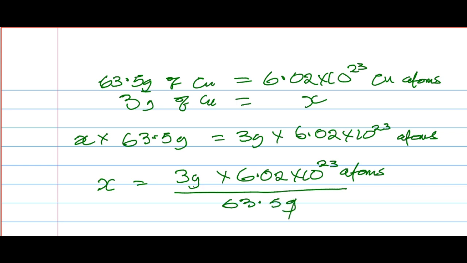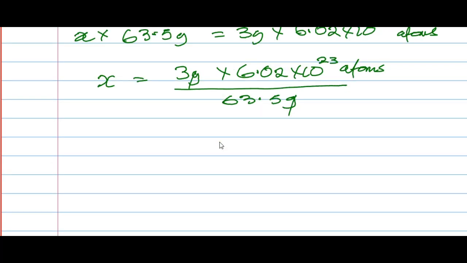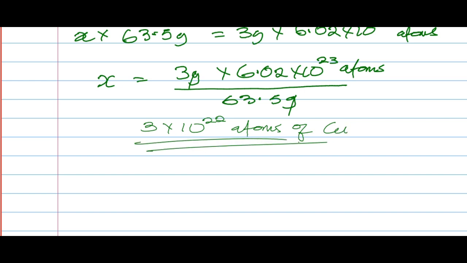So grams will cancel grams. If you press your calculator, you are going to get 3 times 10 to the power of 22 atoms of copper.